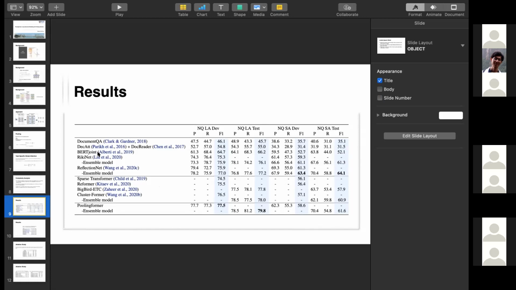The first block here stands for the normal models, and the second block stands for the specialized models designed to tackle long documents. It seems like the long document is quite a trend, right? So there are 4 papers published within 2 years.